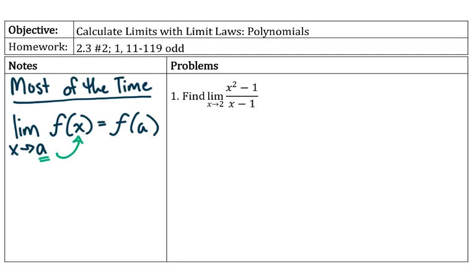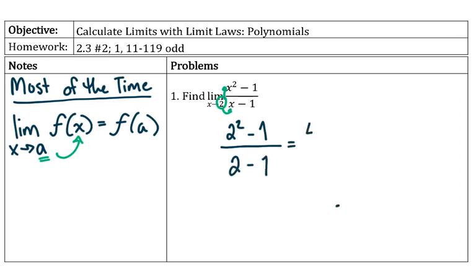So if I asked you, what's the limit as x approaches 2 of x squared minus 1 over x minus 1? Well, let's just try plugging in. So let's take 2 squared as I plug in this value for both of our x's, minus 1 over 2 minus 1.